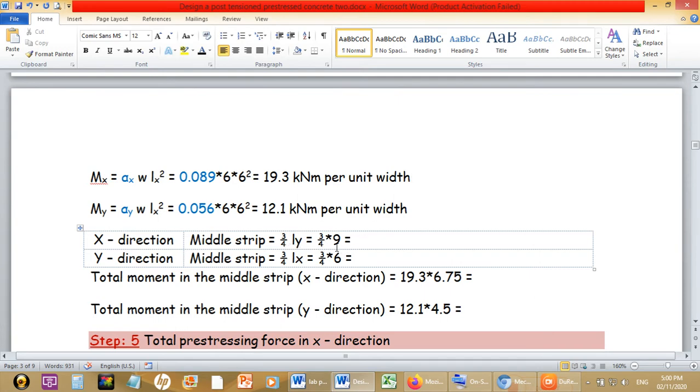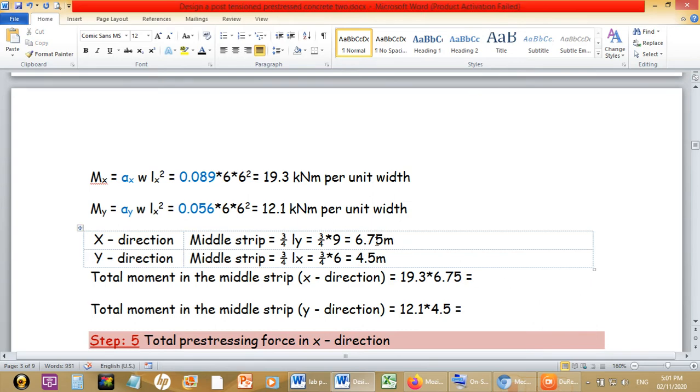So the middle strip length, first of all, we are going to calculate. Middle strip length in x direction is 3/4 of Ly, means 3/4 of 9, and that answer is 6.75 meter. And middle strip length in y direction is 3/4 of 6, that is 4.5 meter. So this middle strip length now we have.